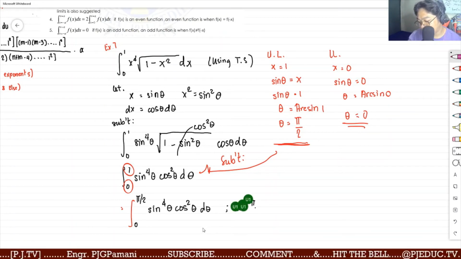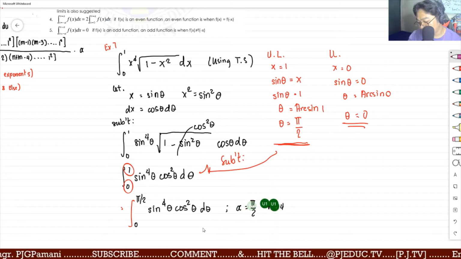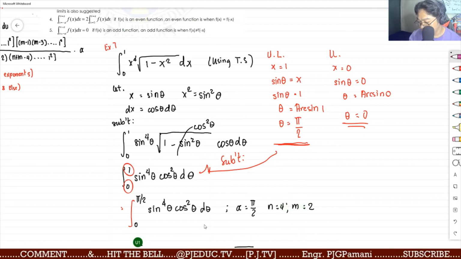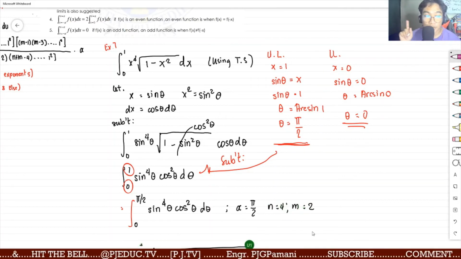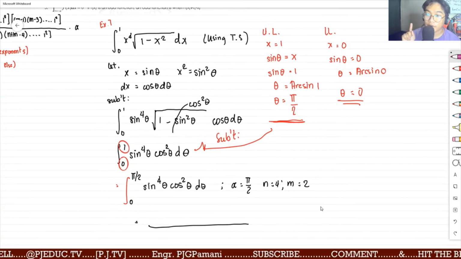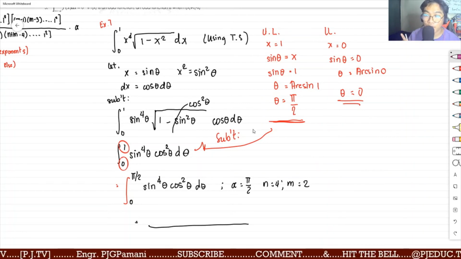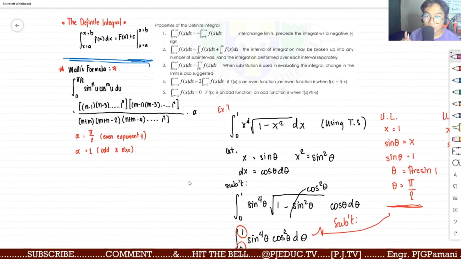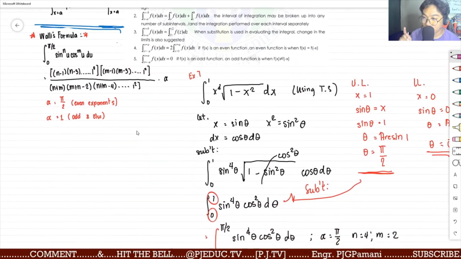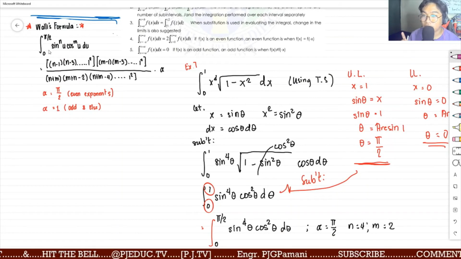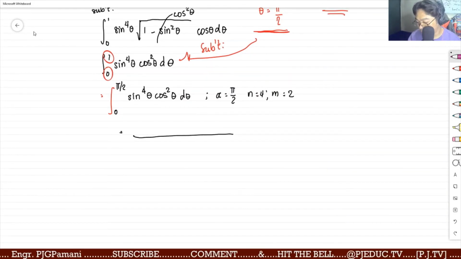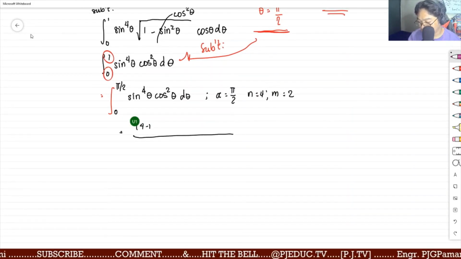Multiplier is pi over 2, n is equal to 4, m is equal to 2. Bakit Wallis formula? Remember that we have transformed our upper and lower limit such that our new upper and lower limit are now 0 to pi over 2, which constitutes the conditions for using Wallis formula. Diba? Wallis formula only considers limits that are 0 to pi over 2. So with that said, pwede na tayong mag-move with Wallis formula.